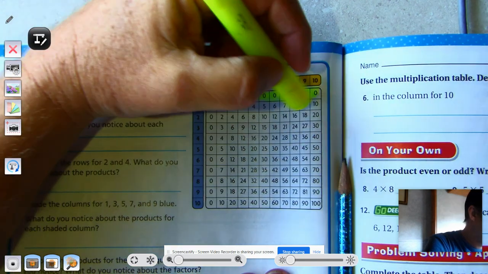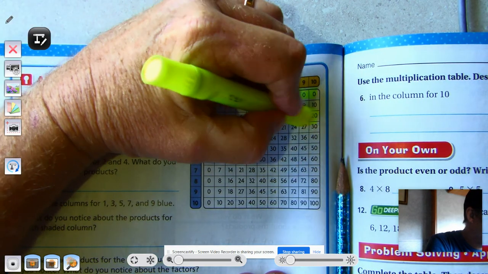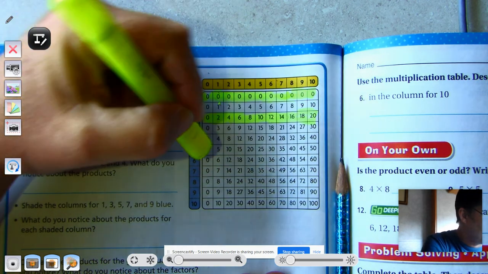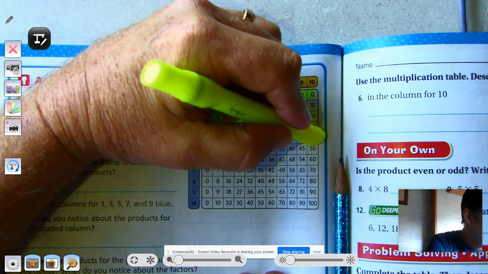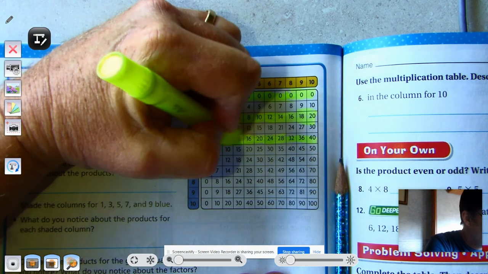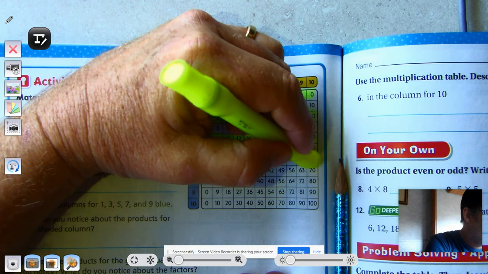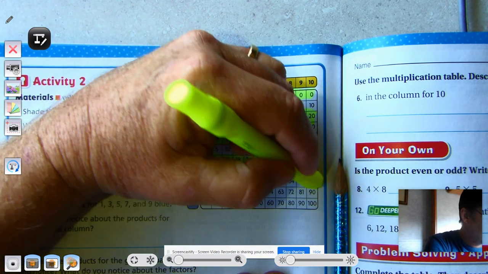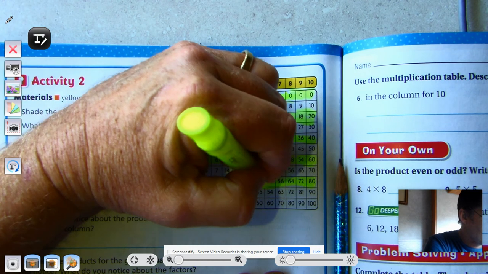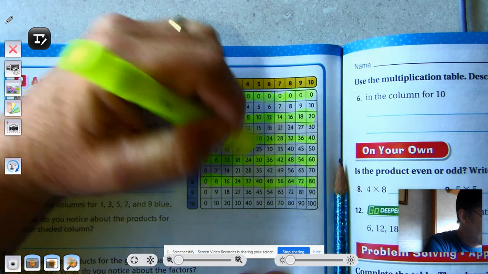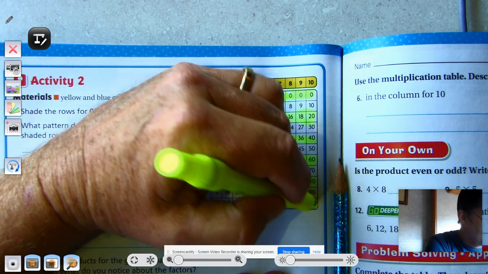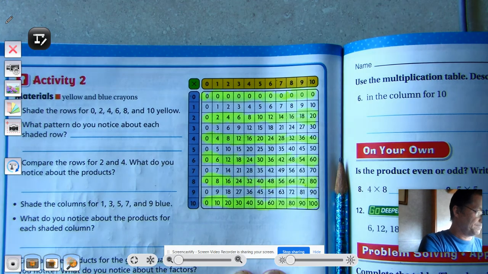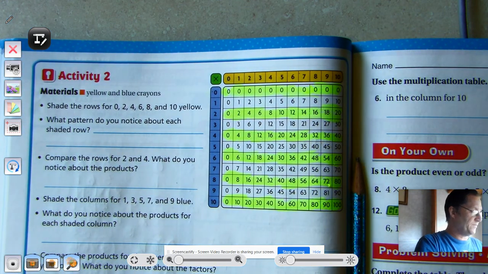So just go down the list. 0, 2, 4, 6, 8, and 10. What pattern do you notice about each of the shaded rows?